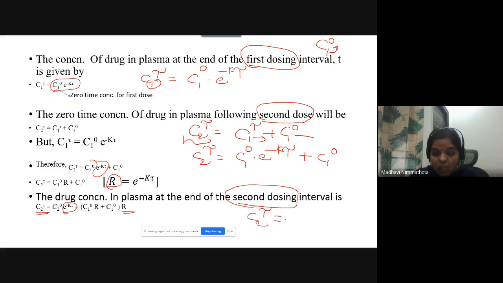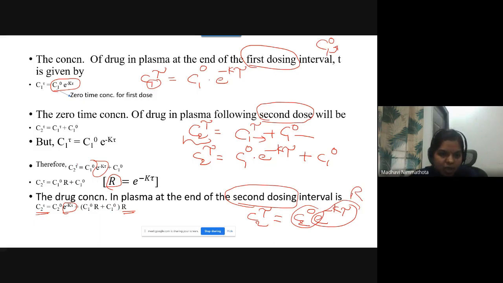To calculate it, we need the initial second-dose drug concentration with e to the power of minus k tau. So instead of writing k tau, you can write R. So for C20, we have an equation, C10 R plus C10.